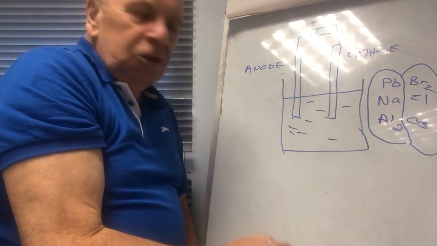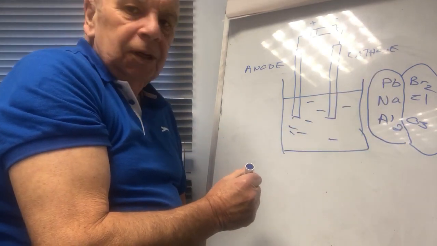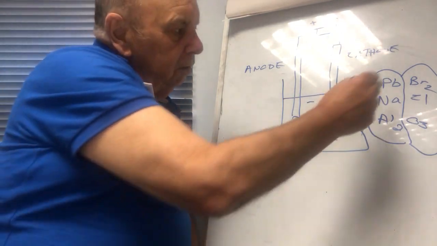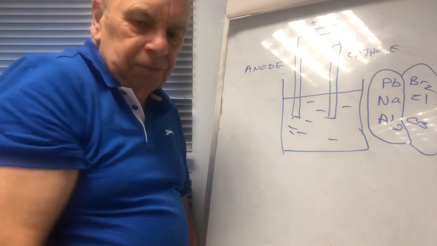What they produce is lead ions in a molten state, and bromide negative ions.